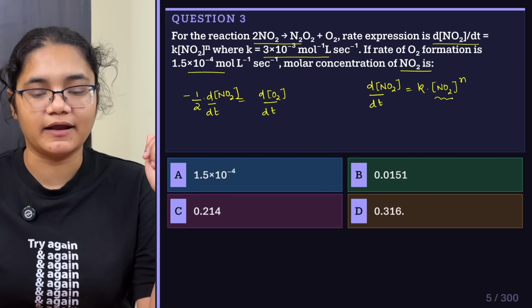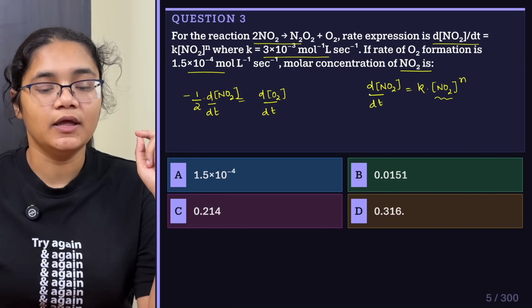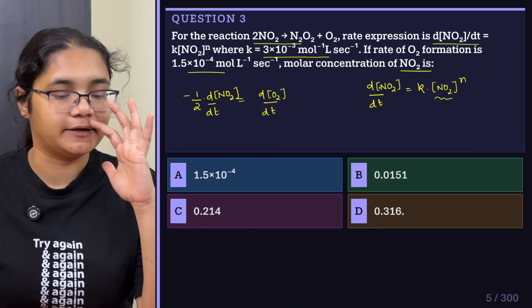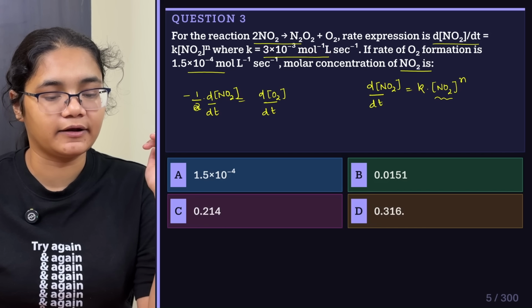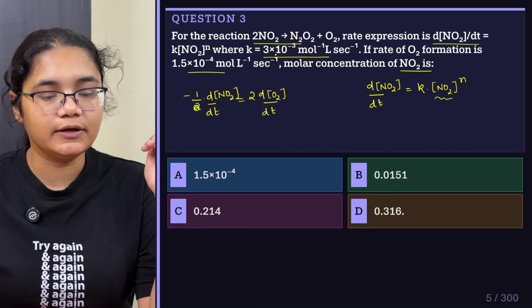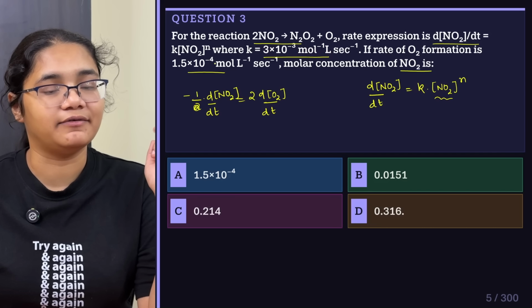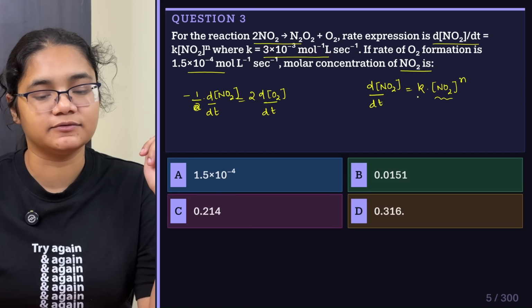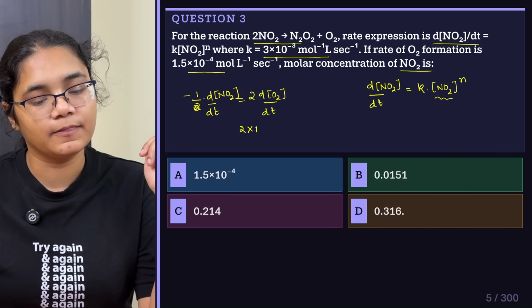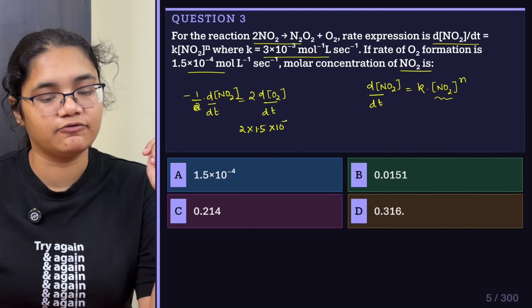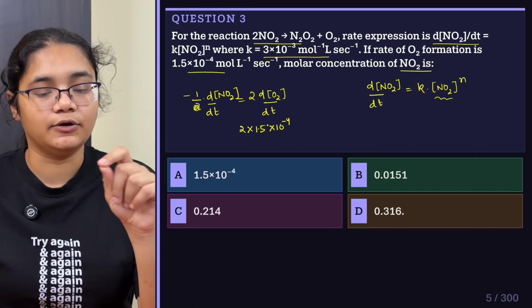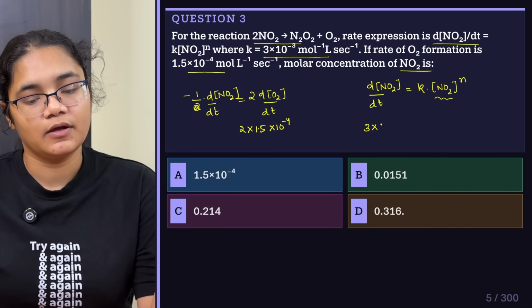Now we have to find the concentration of NO2. Before that, I have to find the rate of disappearance of NO2. Now this is equal to, I can multiply this 2 here, and dO2 by dt is 1.5 into 10 to the power of minus 4. So that gives me 2 into 1.5 into 10 to the power of minus 4. That gives me 3 into 10 to the power of minus 4 here, right?